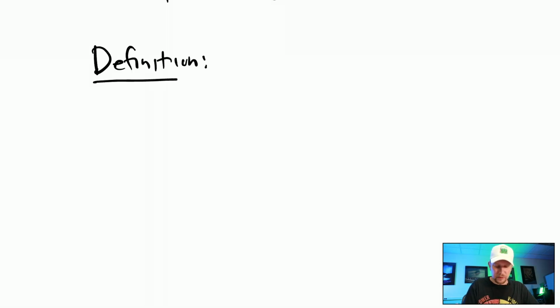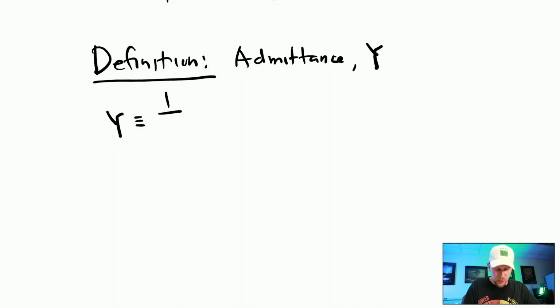Now, we also have another definition that becomes quite useful depending on what the application is, and that happens to be the admittance. The admittance, we use the capital letter Y to denote it, and by definition, it is 1 over the impedance of the circuit, right?